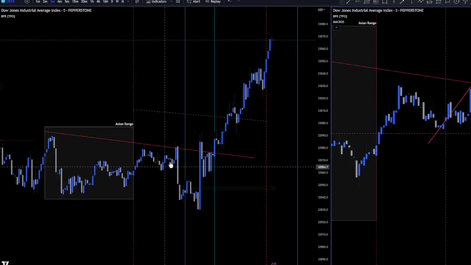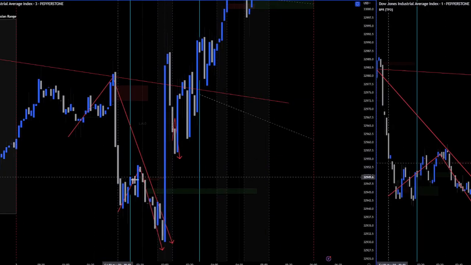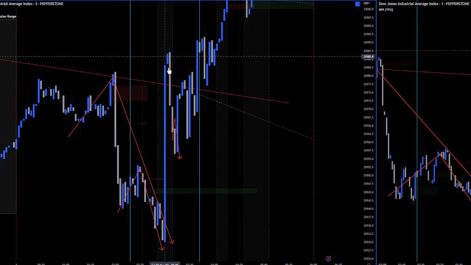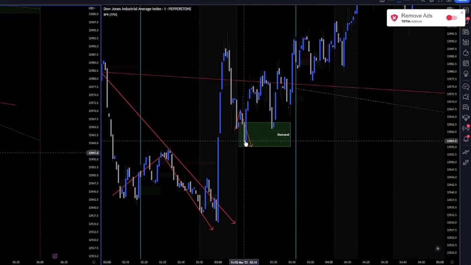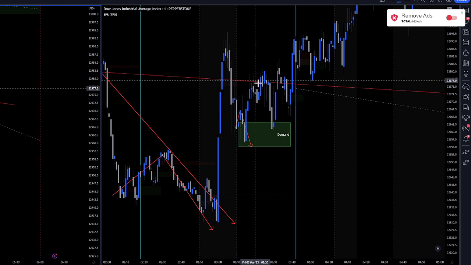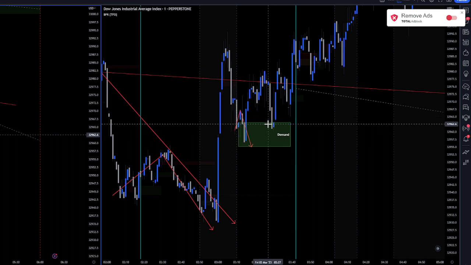So we have a breaker on the 5-minute, a break on the 3-minute with a retest, which is this one here at 8:15, and then on the 1-minute we get another break and retest. So it's break and retest on the 5-minute, then a break and retest on the 3-minute, and then a break and retest on the 1-minute, and that's the entry.